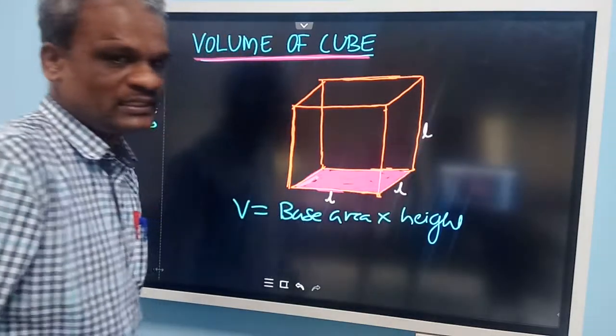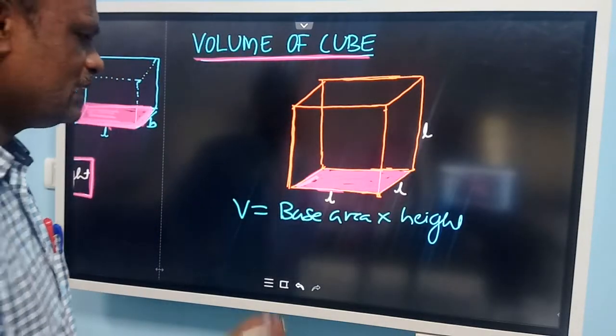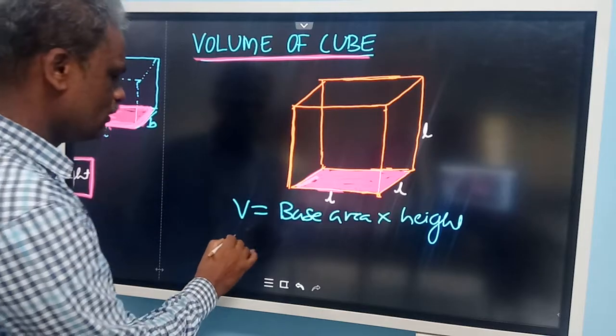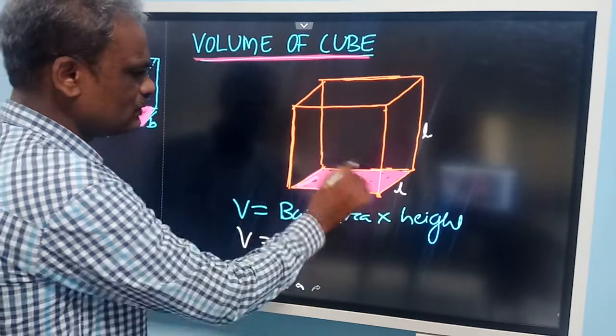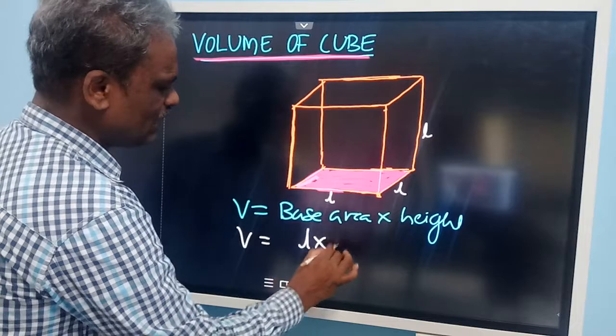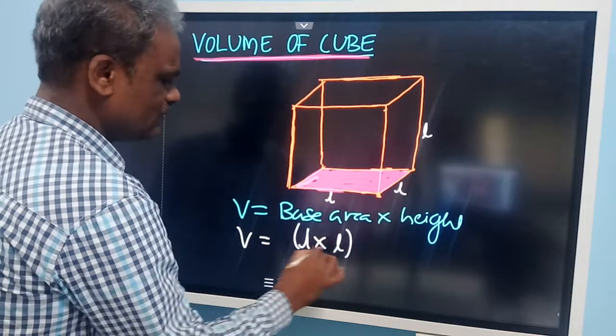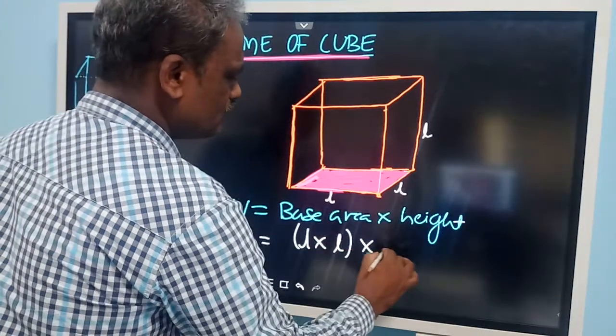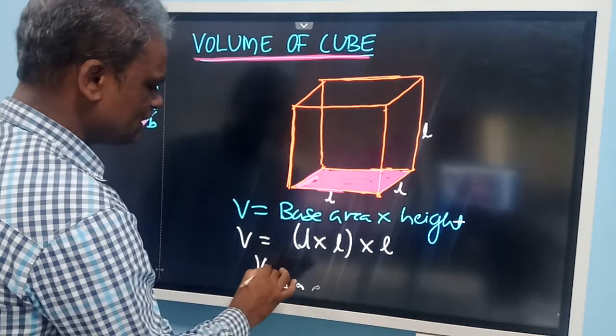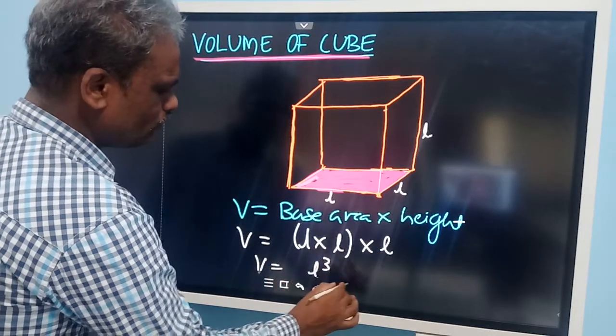Cube means all the edges are equal. So what is its volume? Base area, it's a square, L into L. This is the base area. Into height also L. So volume is L cube.